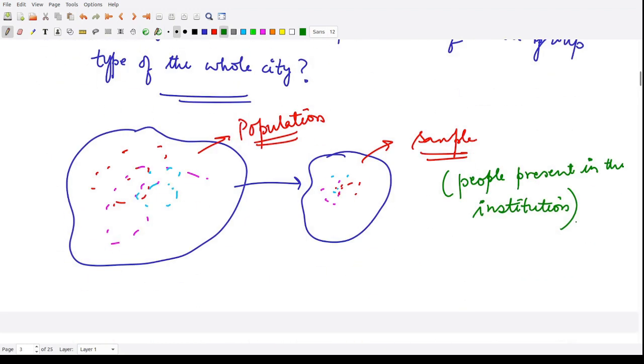You could utilize that, but obviously there would be some error associated here. So this has saved a lot of your time, otherwise you would go to each individual person residing in that particular city, and then calculate the data, and then calculate the associated probabilities.